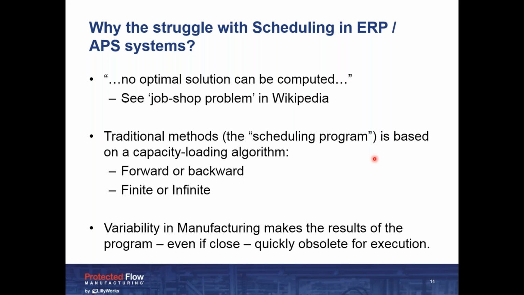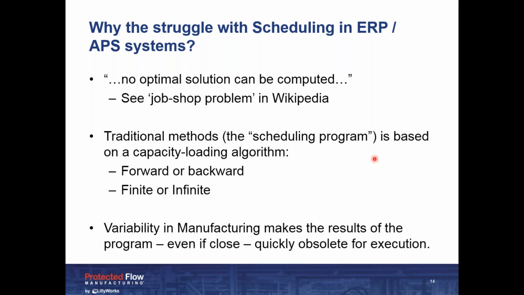Then you print out a dispatch list and send that out to the shop. If you've tried this, you realize there's often a disconnect between what the folks in the shop know to be the true priorities from a production schedule meeting versus what this computer program is telling them is the right sequence or priority.